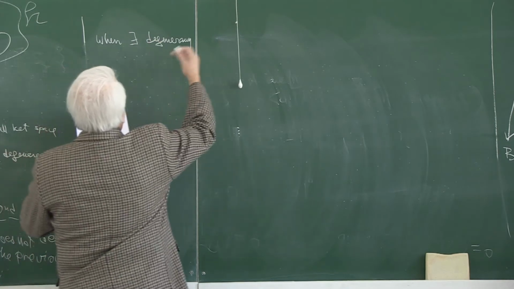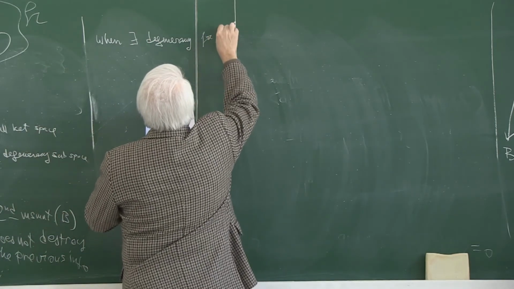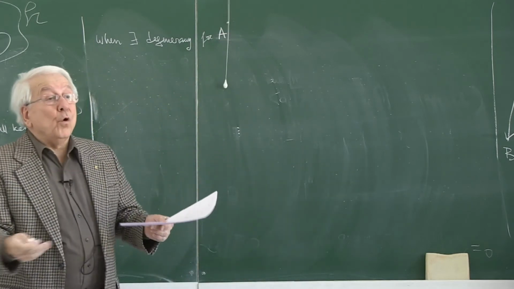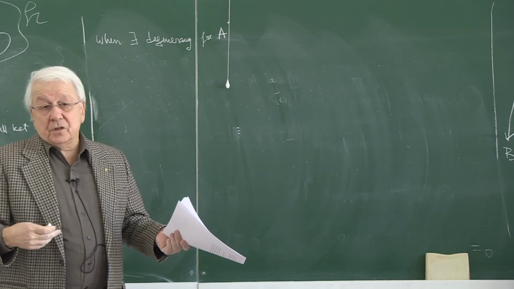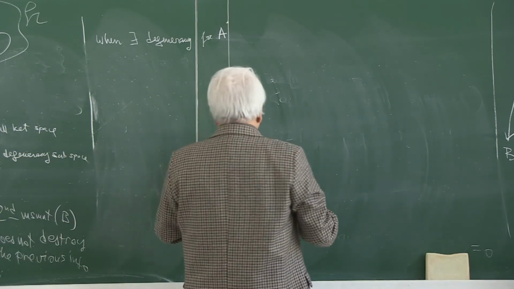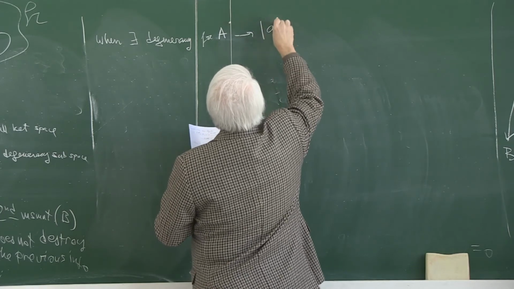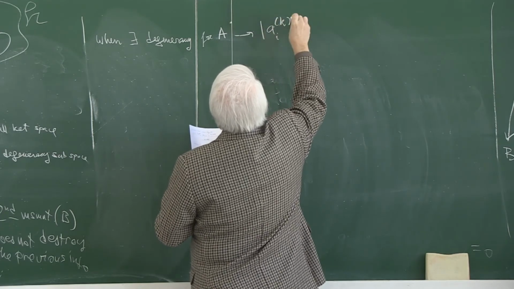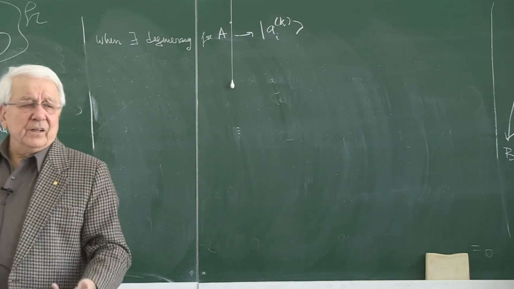We label, first of all, say for A, or it may be for both. Let's suppose in the simplest case, A has a degenerate spectrum. Therefore, we represent the eigenvectors with a second label. There's one eigenvalue and many eigenvectors.